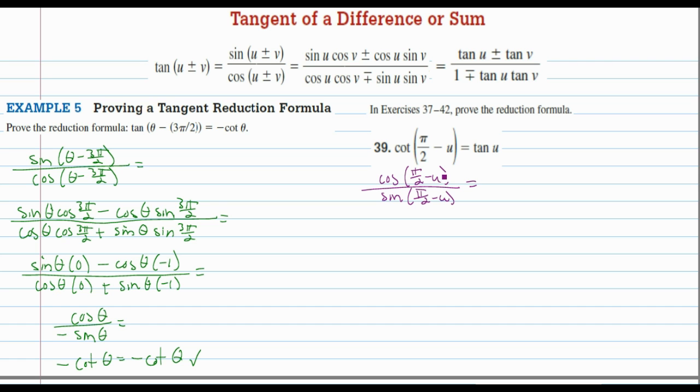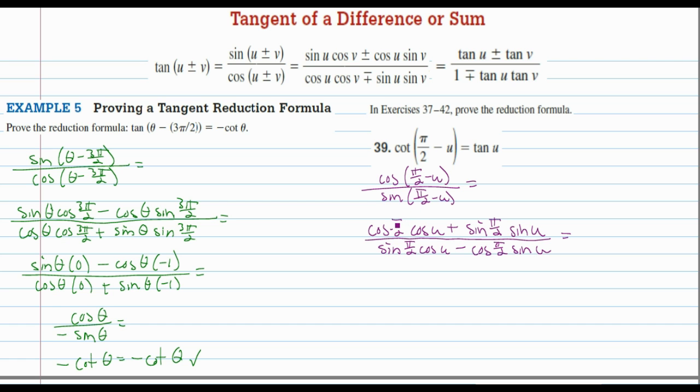And then I'm going to expand out the cosine of a difference formula. So the cosine of pi over 2 times the cosine of u plus the sine of pi over 2 times the sine of u, all over, now I'm going to expand out the sine of a difference, sine of pi over 2 cosine of u minus cosine of pi over 2 sine of u.